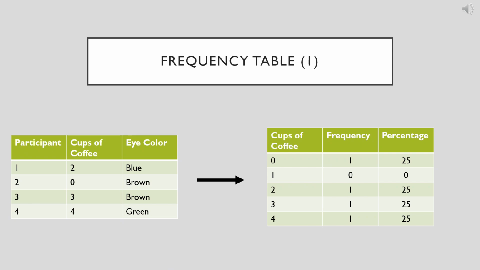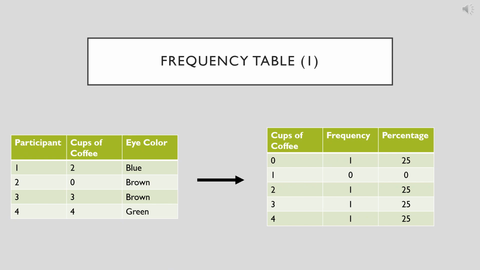So if we want to convert the raw scores into a frequency table, just for cups of coffee first, we would create a new table where the first column is cups of coffee. And this is basically all of the possible amounts of cups of coffee that our participants could have drunk. All right. So it goes 0, 1, 2, 3, 4.